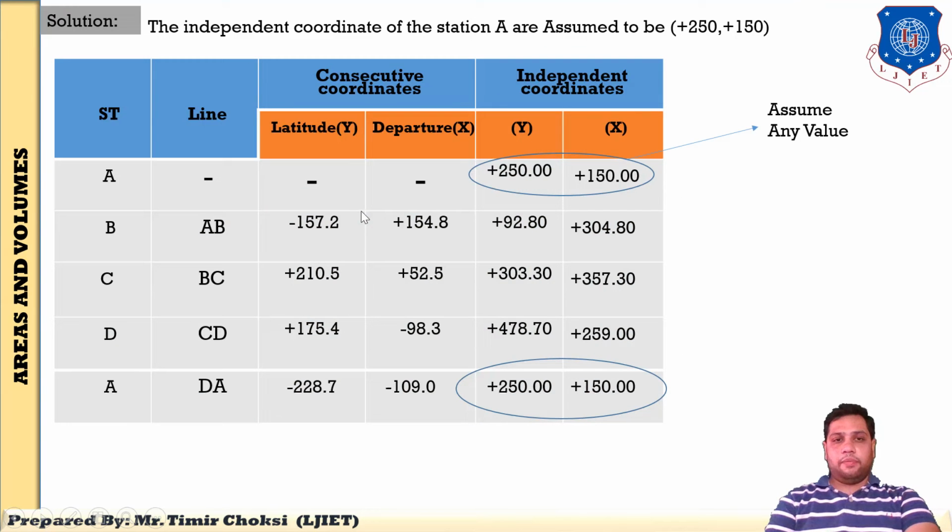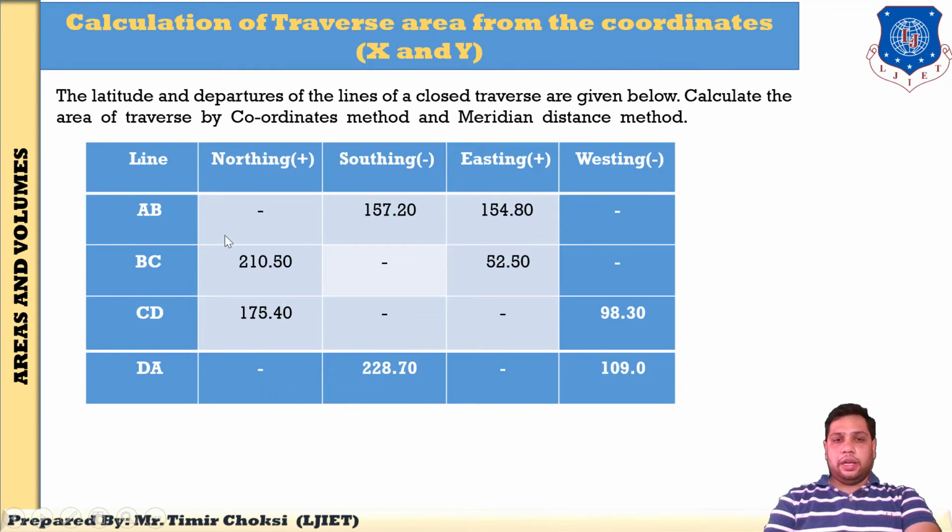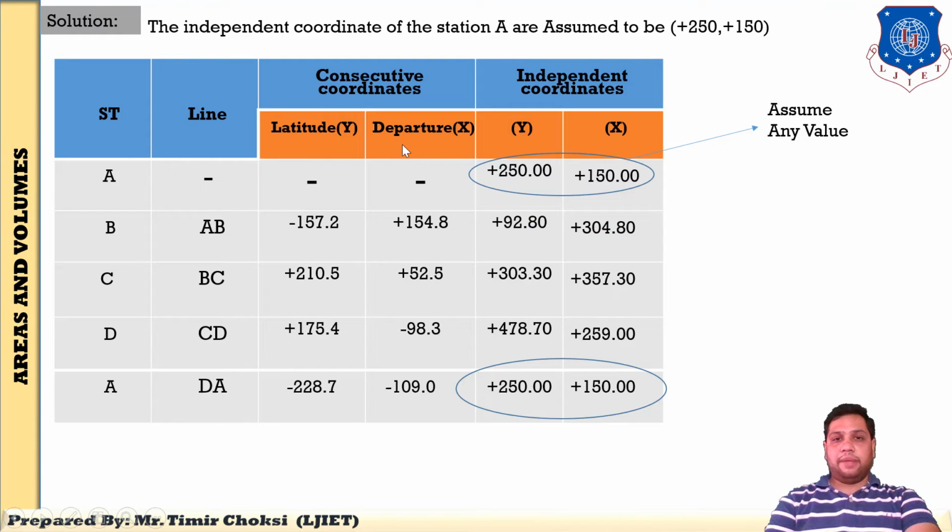So now you make the table. First stations A, B, C, D, A. For A, you write a dash line. Next station B. So the lines AB, BC, CD, DA are already given.